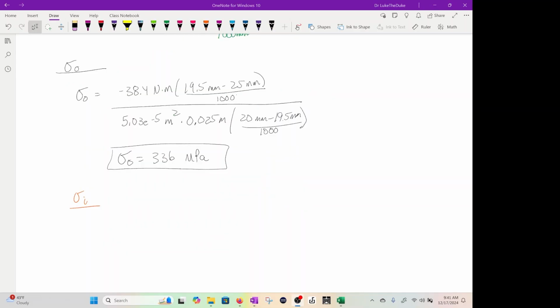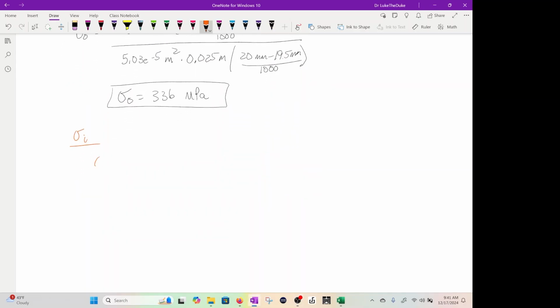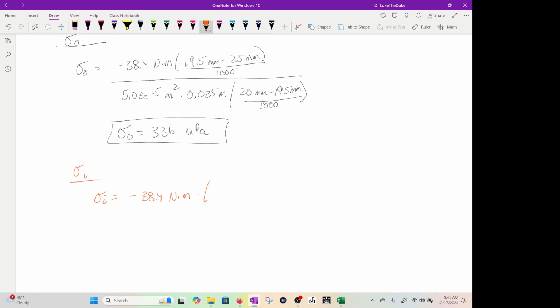Okay, so let's find sigma I. Sigma I equals negative 38.4 Newton meters times 19.5 millimeters minus 15 millimeters, divided by 1,000 to get it into meters, divided by 5.03 e to the minus 5 meters squared times 0.015 meters.